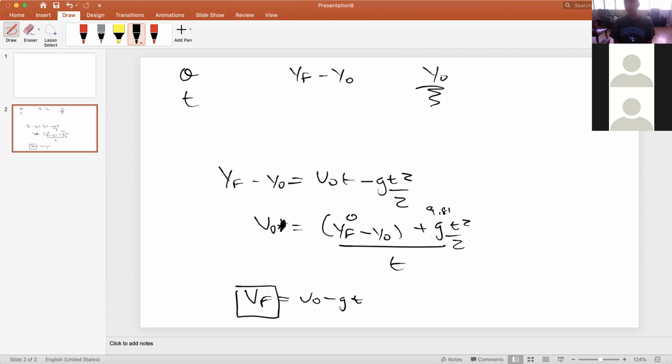Does that make sense, Hamid? Yeah, but can we use this equation, vy equals v naught sine theta minus gt? Yeah, so you're saying v final is v naught sine theta minus gt, right? But you don't know this.